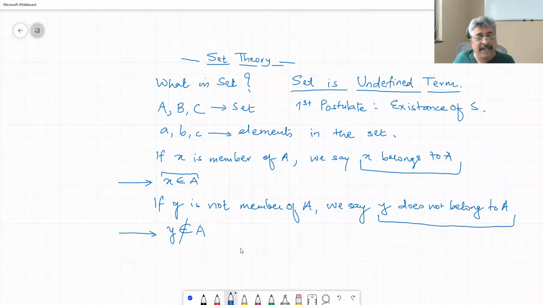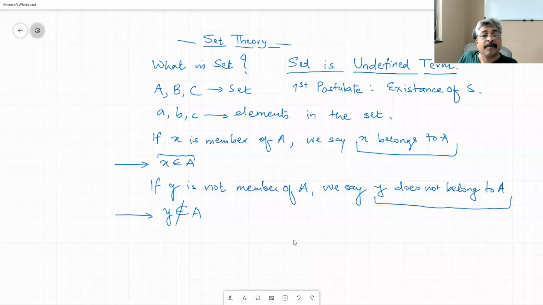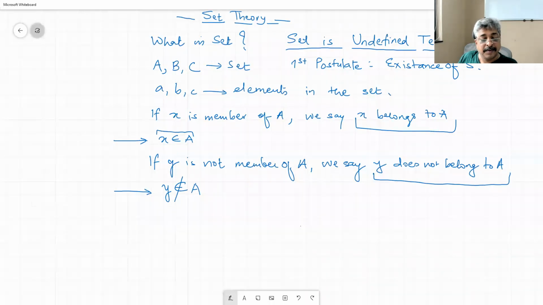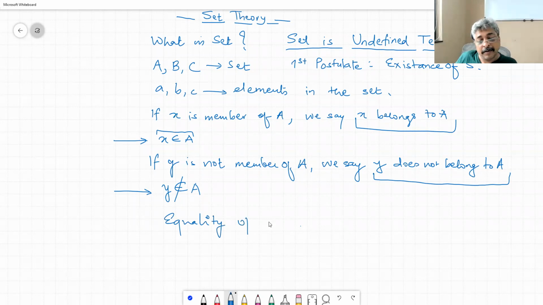Next, when do we say that two sets are equal? Equality of sets. I give you a chance.